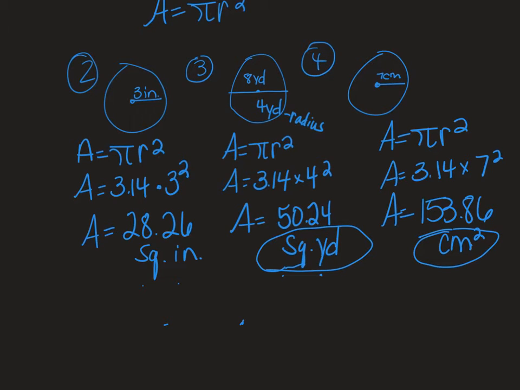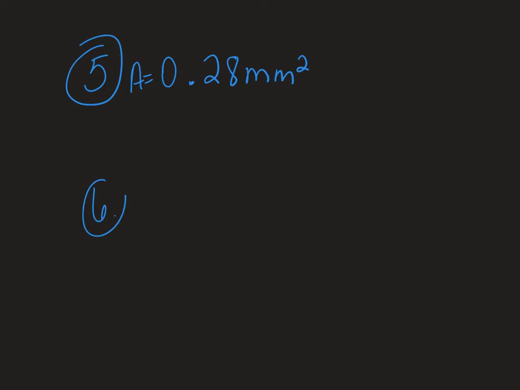Yes. Okay, Noah. We haven't got there yet, but yes, Noah, what did you get for number 5? 0.1326. Okay, no. 0.28 millimeters squared. That's your area. Okay, number 6 is area equals 113.04 centimeters squared.